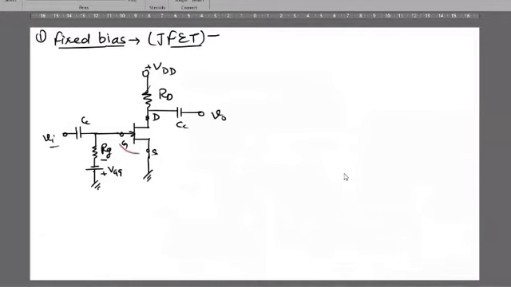And generally we know that there is gate to source voltage, VGS, plus minus, and there is drain to source voltage, that is VDS. For DC analysis, we will remove all the capacitances and simply we make the circuit like this. Fine.